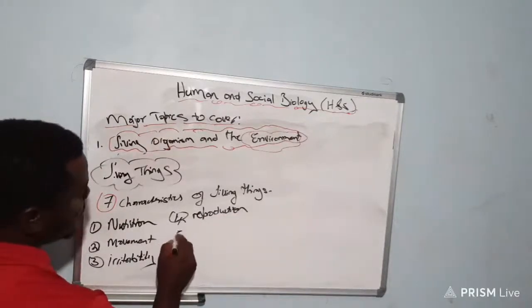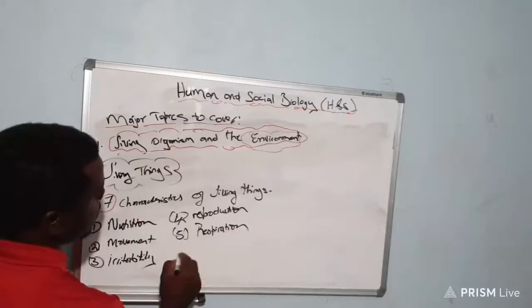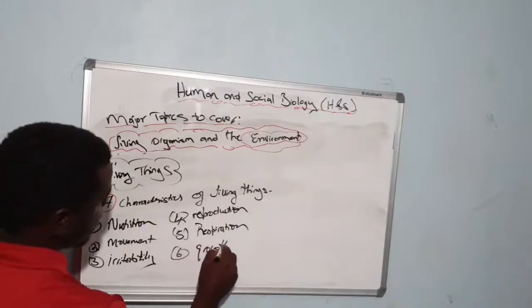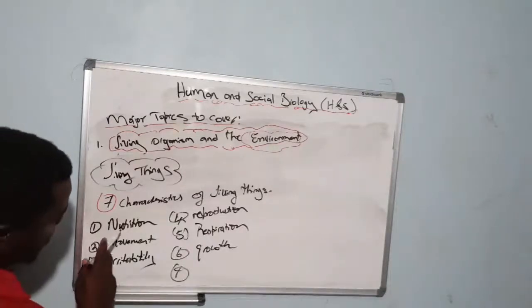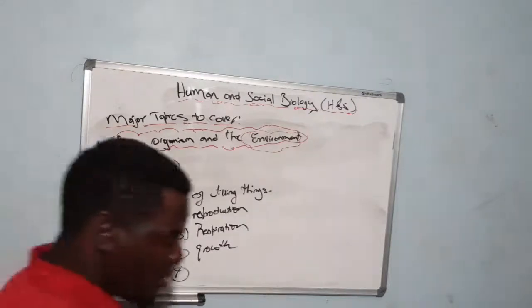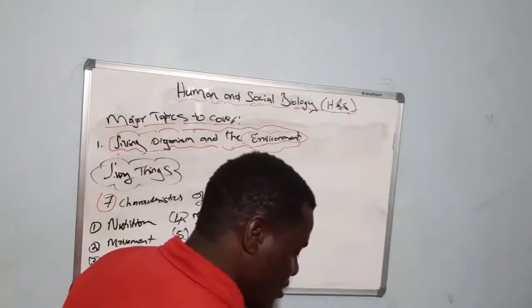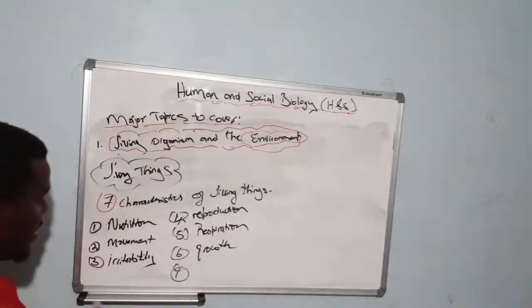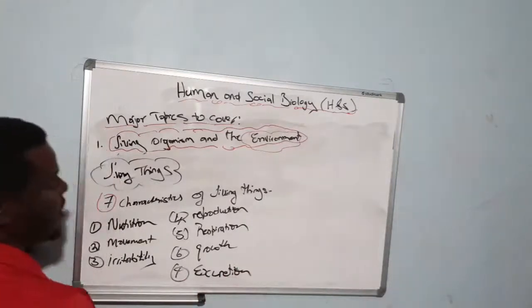And 5, respiration. 6, you have growth. And 7, the last and final one, is excretion. I need to remember that one. Excretion.